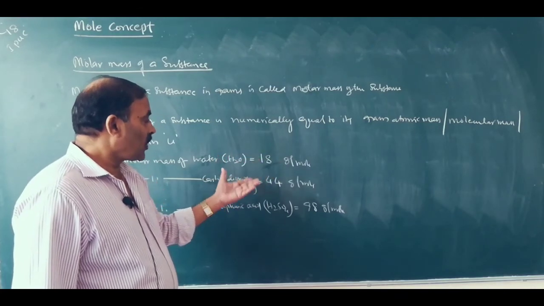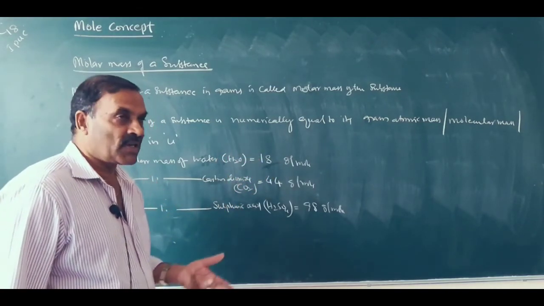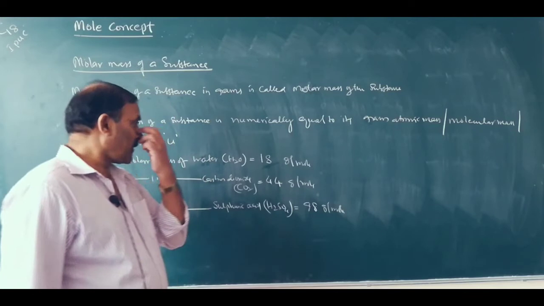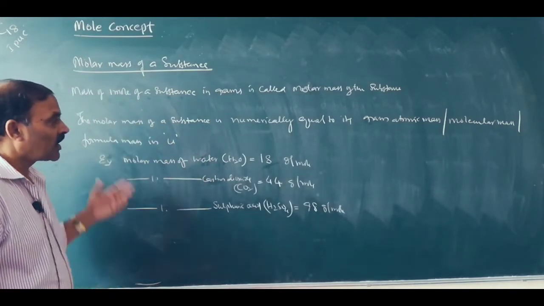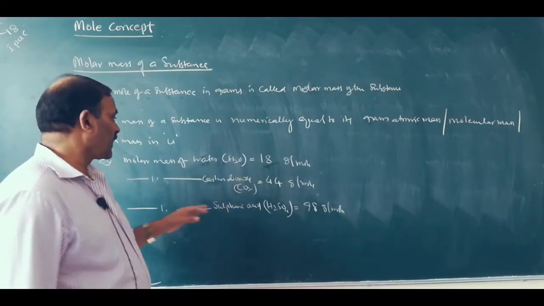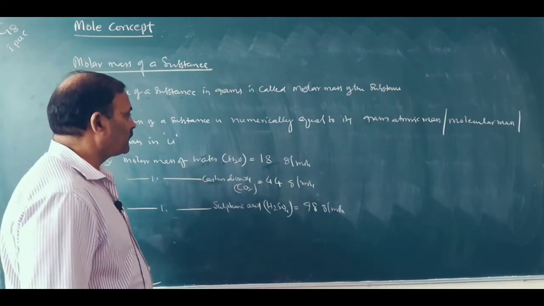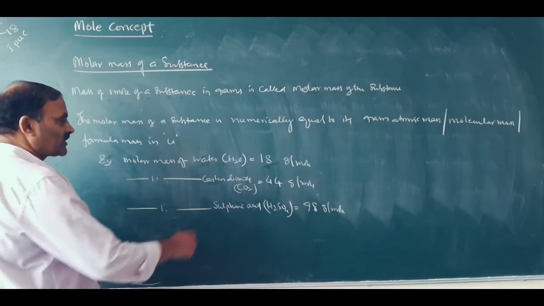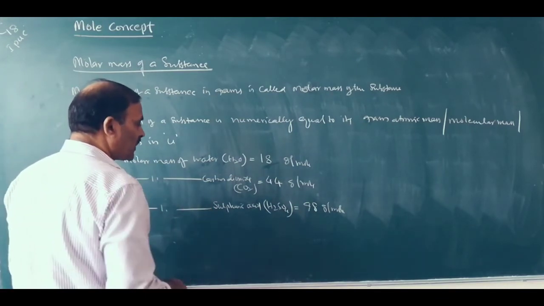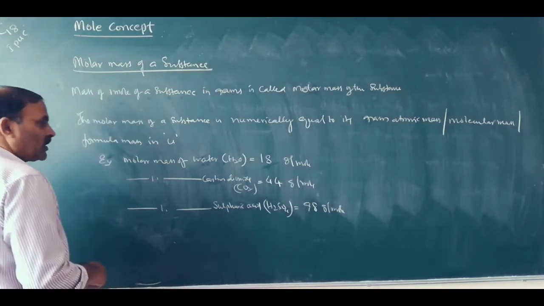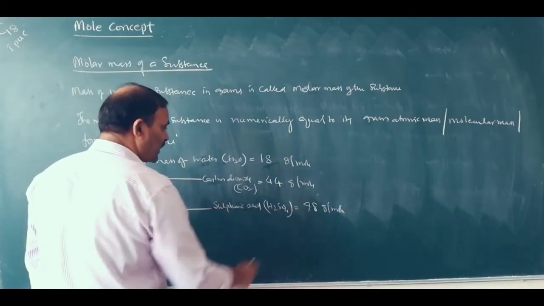So, molar mass is nothing but atomic mass, molecular mass or formula mass in u. So, molar mass of water is 18, carbon dioxide is 44, sulfuric acid H2SO4 equals 98 grams.